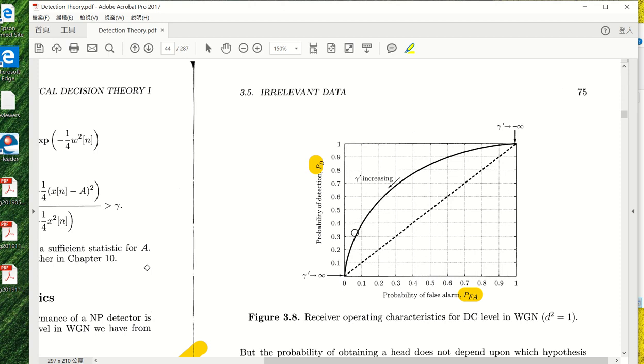You like PFA to be small, you like PD to be large. As a result, the so-called good detector will always look like this.